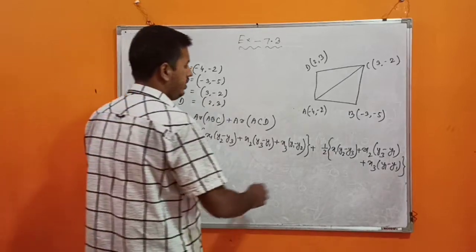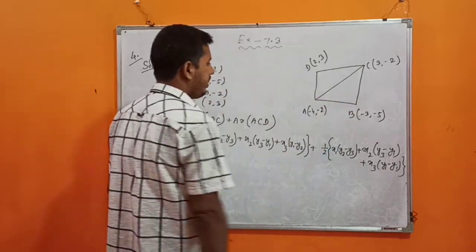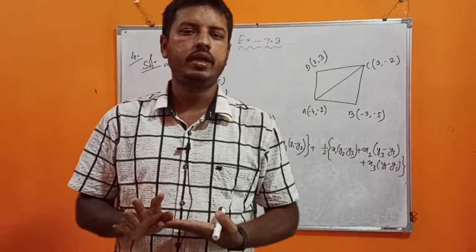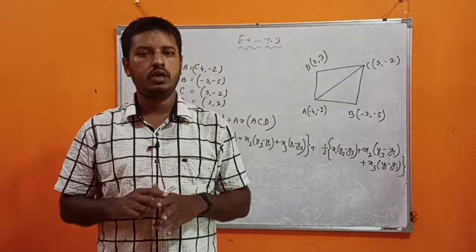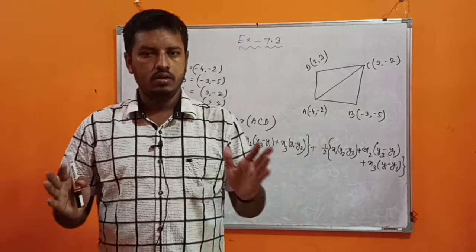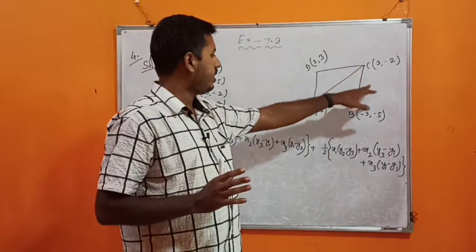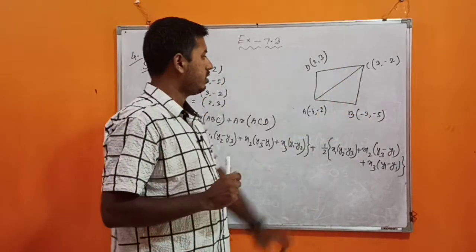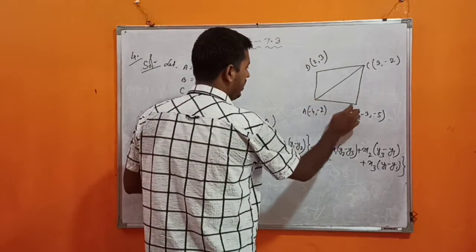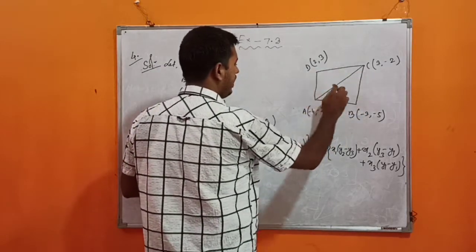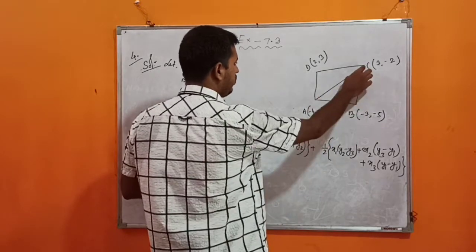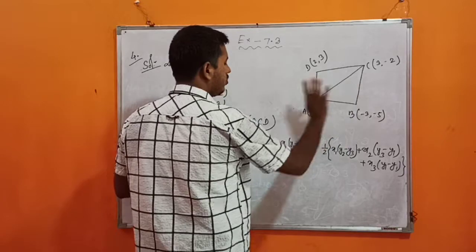To find the area of a quadrilateral in coordinate geometry, we are to divide that quadrilateral into two triangles by joining any of the diagonals. For your better understanding, I have taken quadrilateral ABCD and joined the diagonal AC, so ABCD is divided into two triangles.